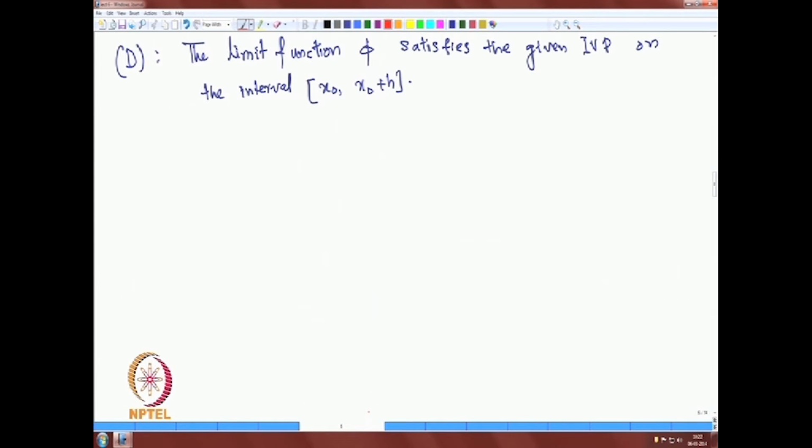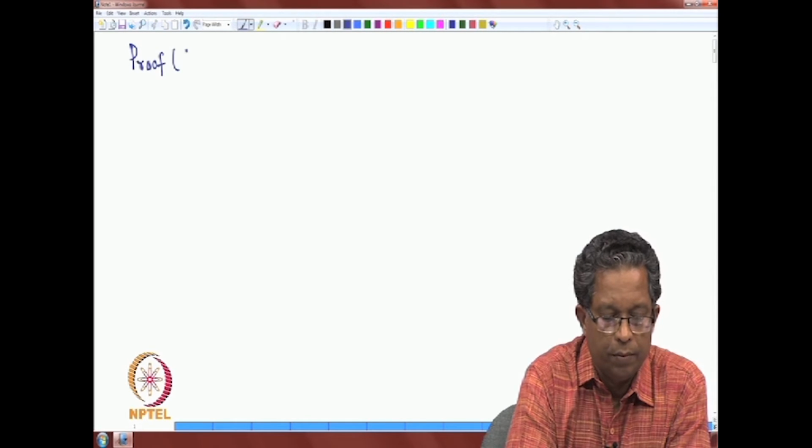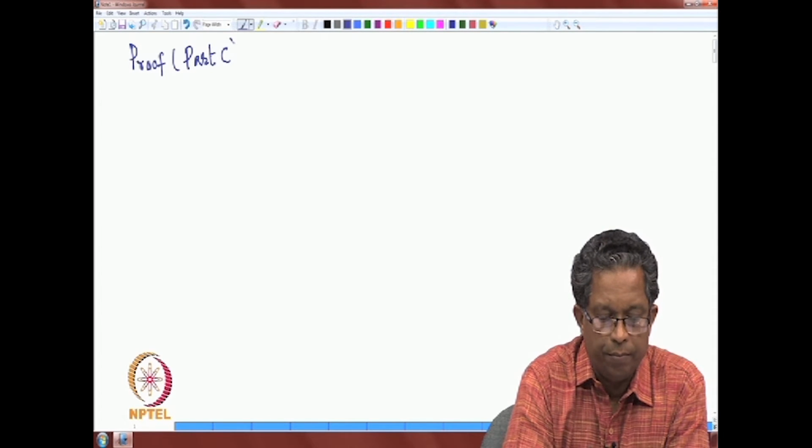And in part D, we will show that the limit function phi, which is the limit of the sequence of functions phi n, is nothing but the solution of the given initial value problem on the interval x0 plus or minus h. So, let us start with the proof of part C.